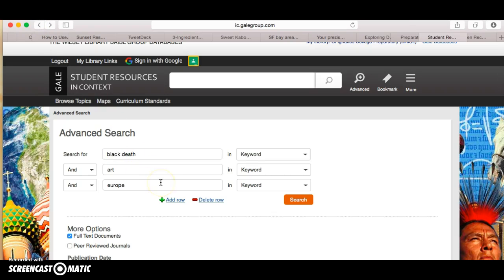If I'm curious about how the plague has arisen since the Middle Ages, away from Europe, what if I put not in here, Middle Ages, and not Europe?